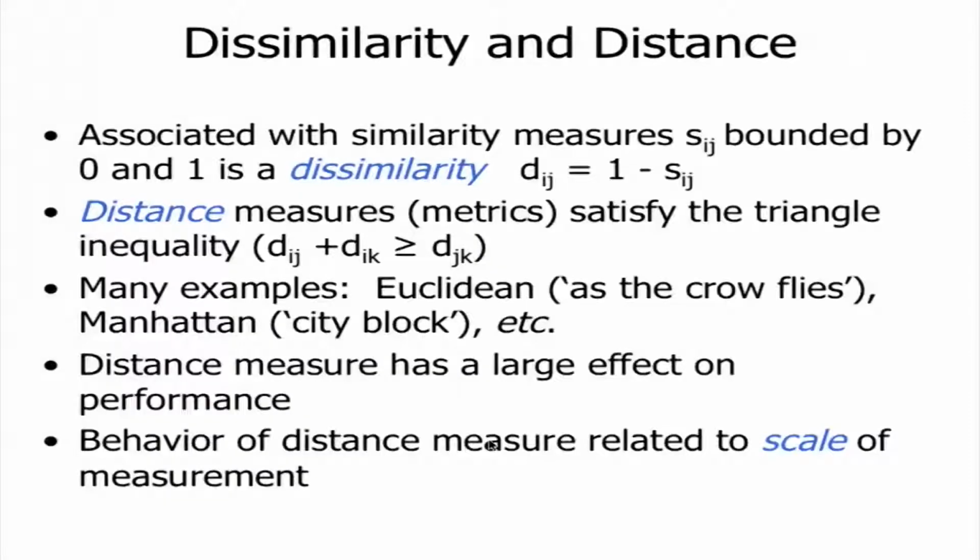A dissimilarity measure could be a distance, right? A Euclidean distance. How far away are two objects? That measures in certain ways how dissimilar they are. Now, a dissimilarity measure can be a distance, but it doesn't have to be a distance. In any event, there are many types of distances: Euclidean distance, Manhattan distance, and so on.